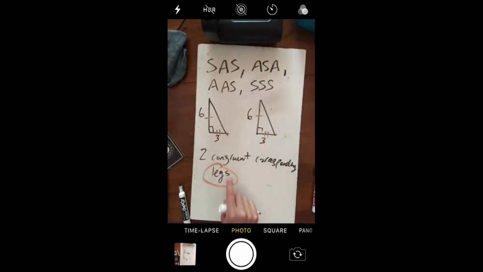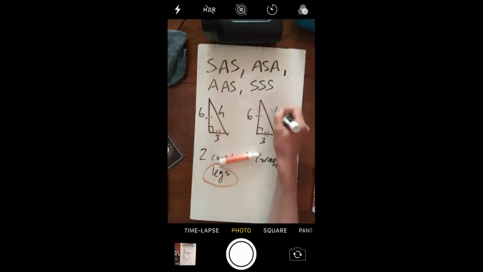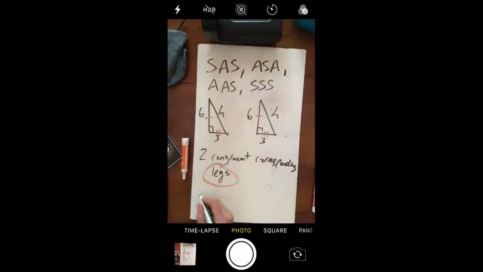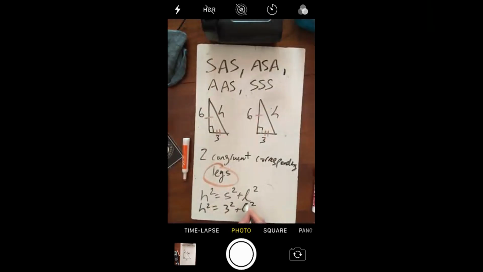On the other hand, you could think of this as a Pythagorean theorem thing. So if this is a hypotenuse and this is a hypotenuse, then in both cases you'd have h squared equals short leg squared plus long leg squared, where you have a 3 here and a 6 here. So what you get here is going to be the same whether you do it for this triangle on the left or this triangle on the right.